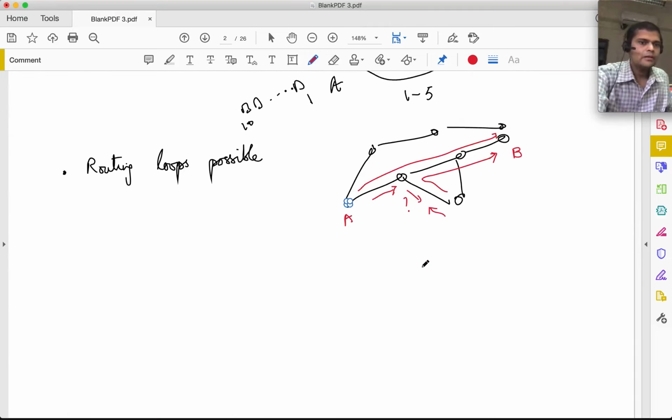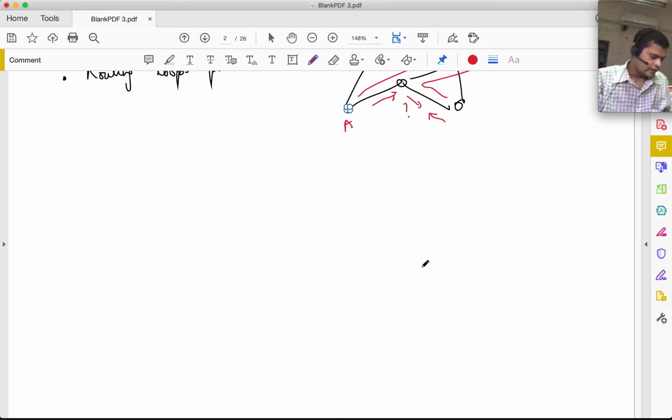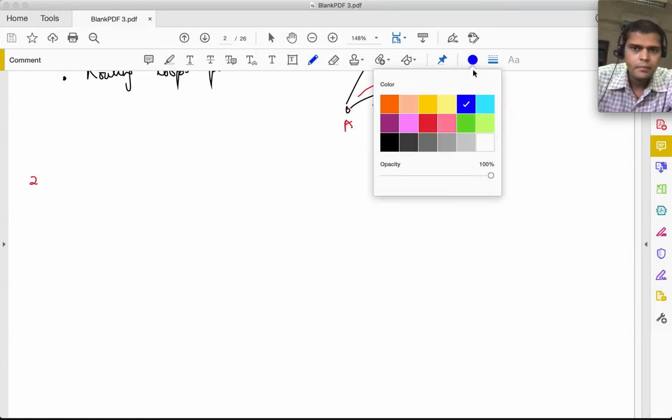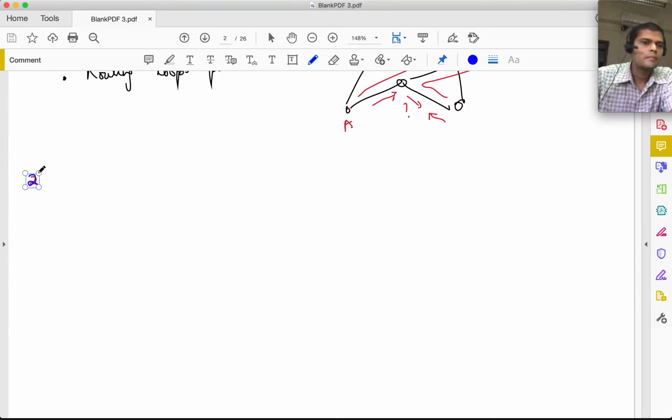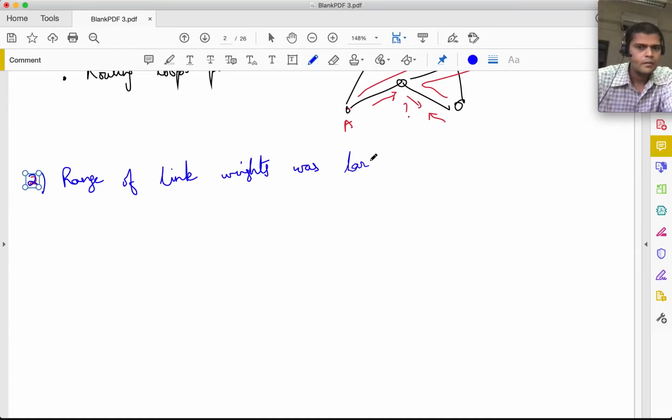Another problem that they faced is that the range of link weights was very large. And because of this, we'll see that some links were penalized too much.